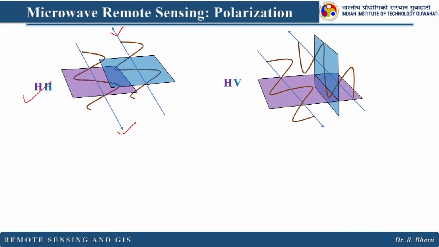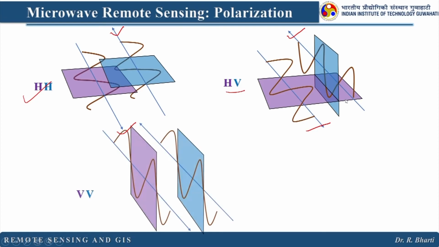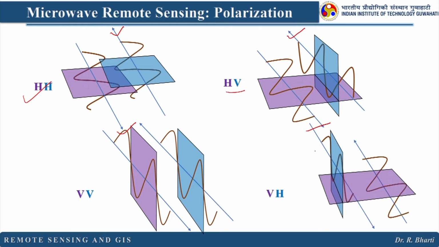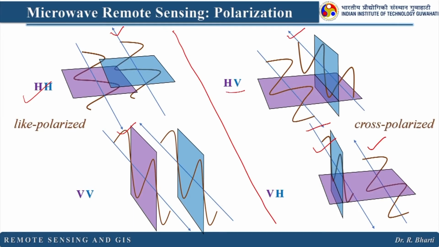The next one is HV: transmitted is horizontal polarization and received is vertical polarization. In VV both are vertical, in VH the transmitted is vertical whereas received is horizontal. If we divide these into two groups, HH and VV are known as like polarized, and HV and VH are known as cross polarized. I hope this is clear to you.